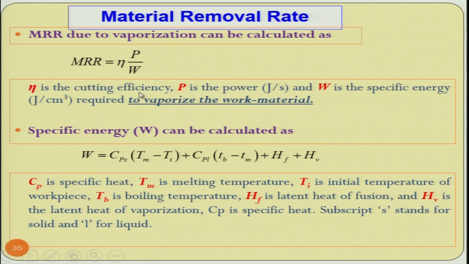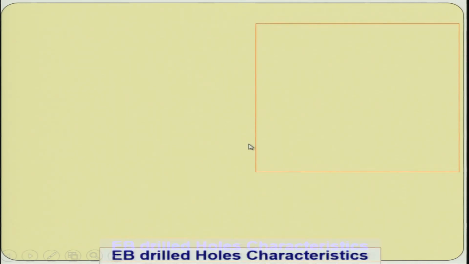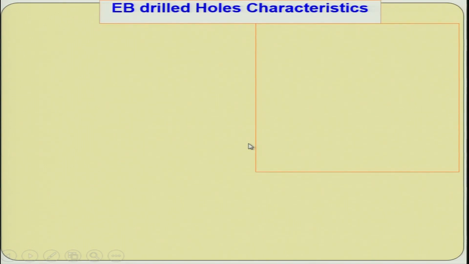P is the power you know already through the instrumentation of the machine setup, and W is known to you with the help of the properties of the workpiece material. So, you can easily calculate what is likely to be the material removal rate in a particular process.